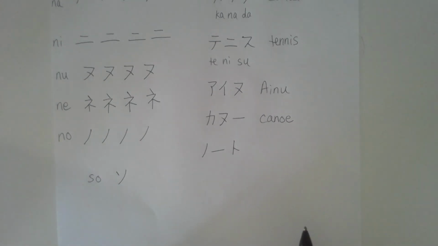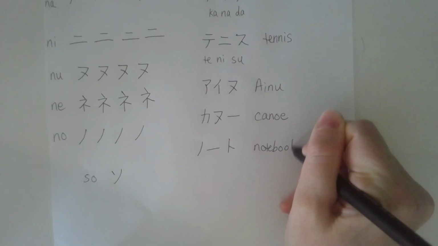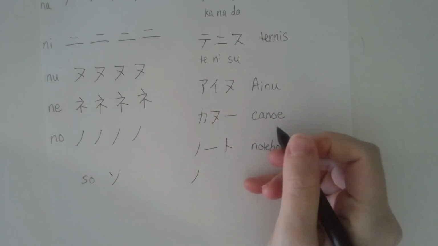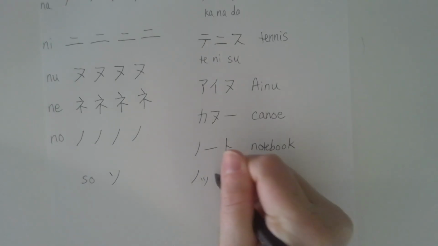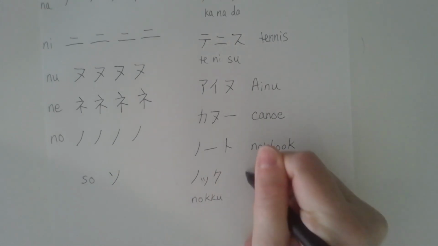Well, actually, noto doesn't mean note, it means notebook. It's a shortened form of the word nōtobukku, but instead we just say noto. We're also going to do the word knock, which is a no, small tsu, and ku. So nokku, or knock.